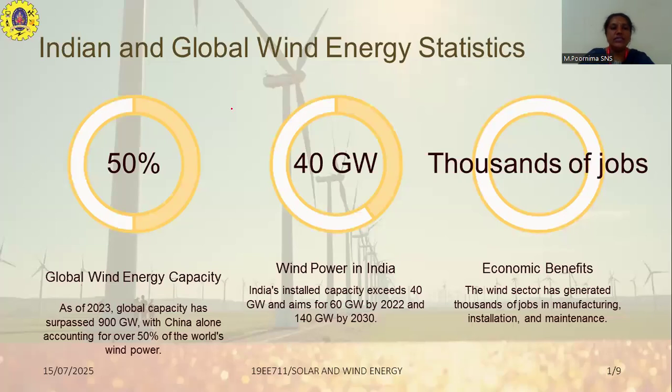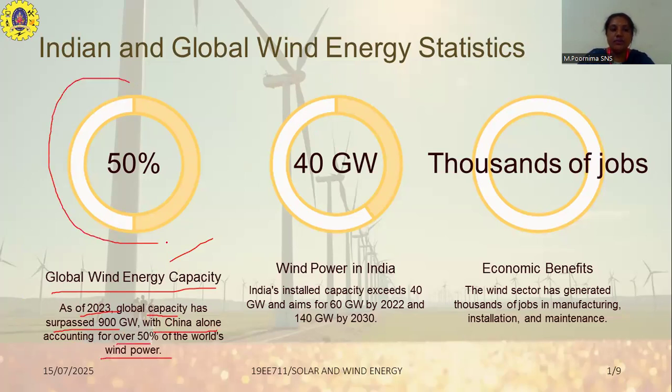Now we can see the Indian and global wind energy scenario. First, 50% of global wind energy capacity: as of 2023, the global capacity has surpassed 900 gigawatts, with China alone accounting for over 50% of the world's wind power.